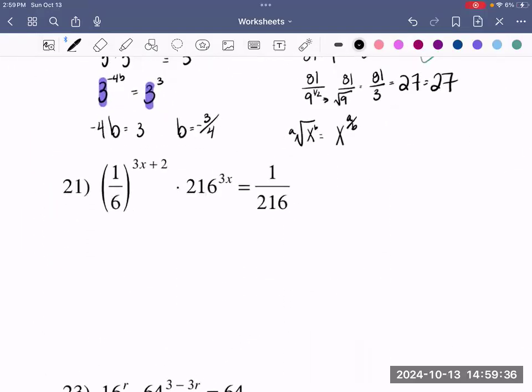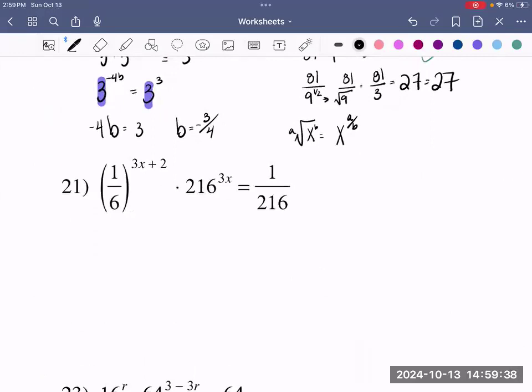All right, let's go ahead and check 21. So 21, we now have your 1/6. It's in the denominator, so when we raise it up into the numerator, we have a negative exponent, 3x plus 2, and I'm going to put parentheses around that, times, and then we have to figure out, okay, 216 can be made into what as your base.